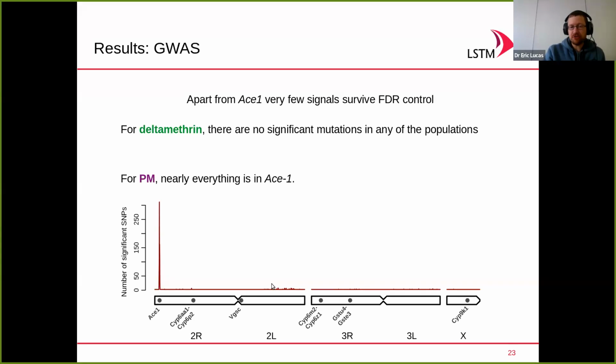And whilst there is a smattering elsewhere, this doesn't really mean much, because essentially what false discovery rate control does is it says we accept a certain percentage of false positives in our data. So if we set the false discovery rate control to 1%, which is the case here, then we accept that 1% of our SNPs will be wrong. And so if you have thousands and thousands of SNPs coming from ACE1, then you end up with dozens and dozens of SNPs, 1% of those thousands, that aren't actually truly associated with resistance.